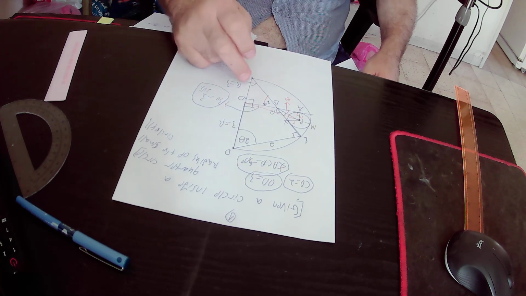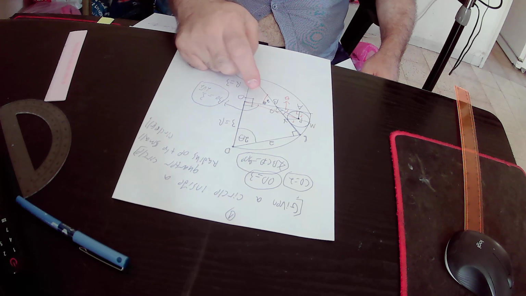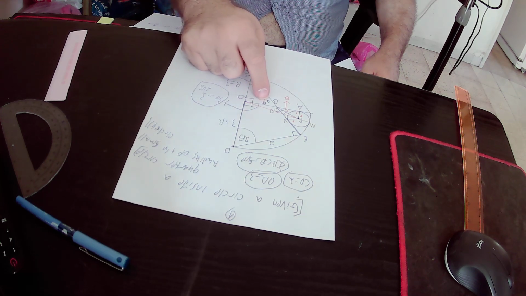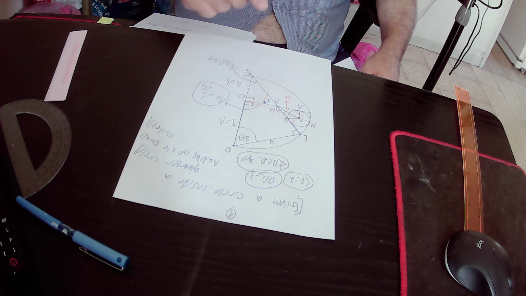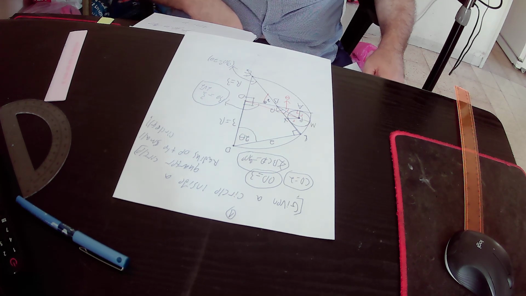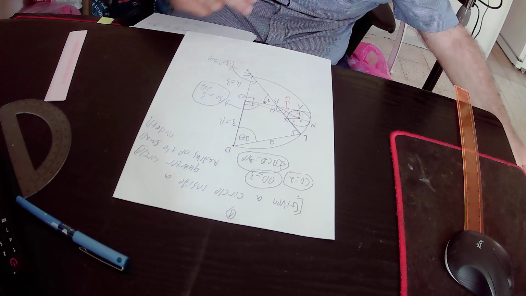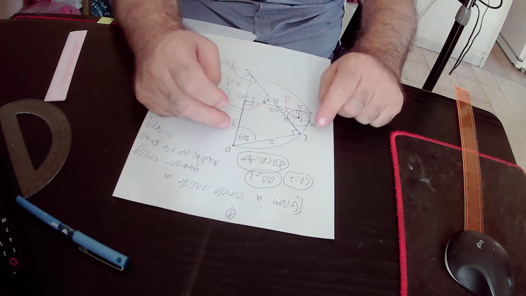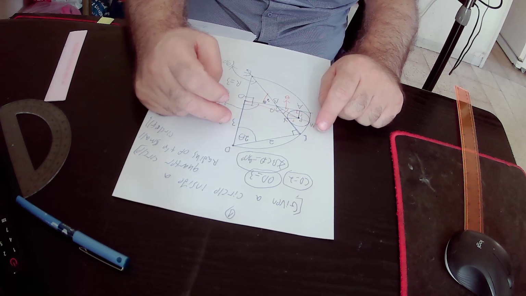Therefore, triangle EOB is a right triangle. And in the right triangle EOB, if this angle is 2 theta, then this angle must equal 90 degrees minus 2 theta. And the sum of the angles in triangle EDC equals 180 degrees.